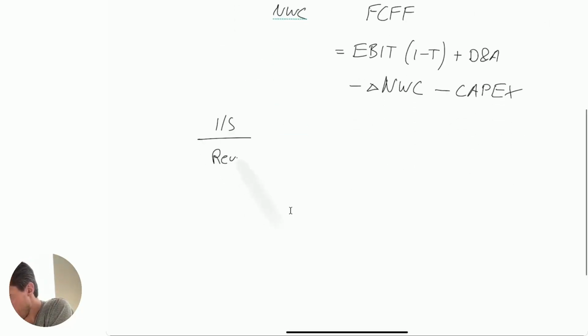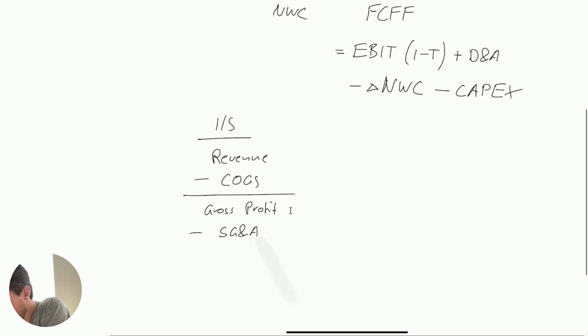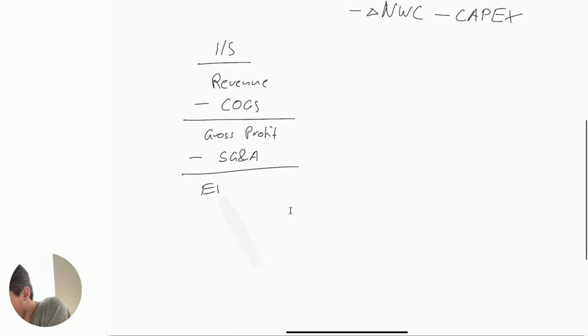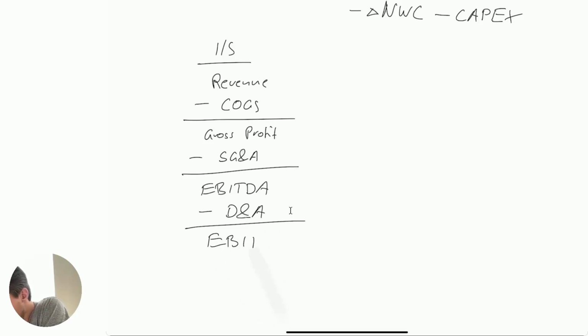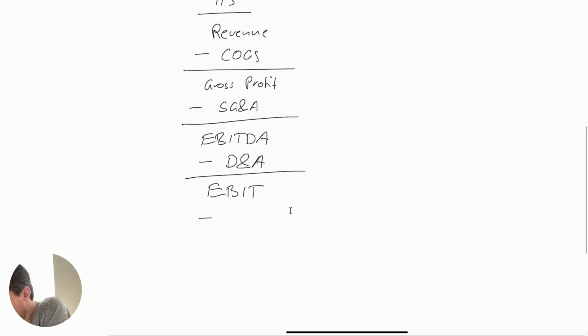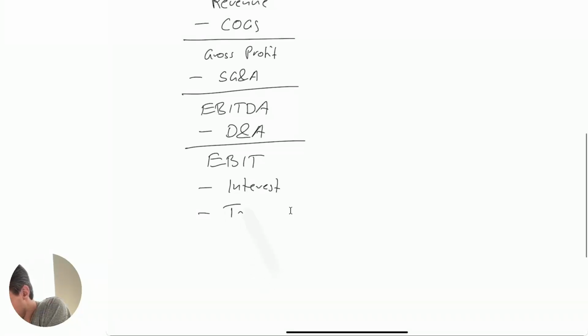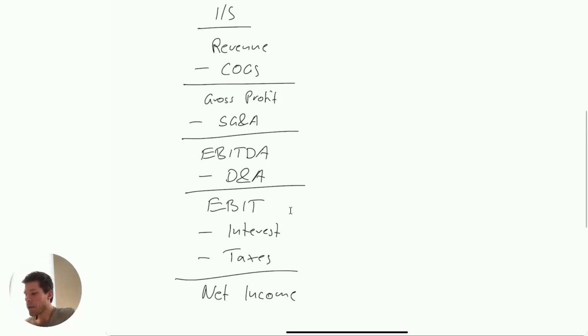So we start with revenue minus cost of goods sold, gross profit, minus SG&A, EBITDA, minus D&A, EBIT, minus interest, minus taxes, net income. So here, very easy.